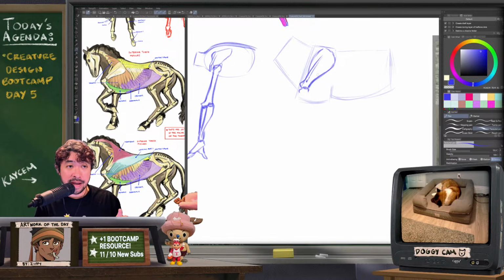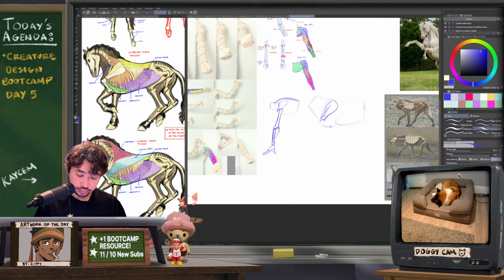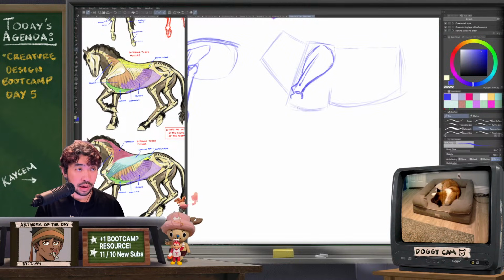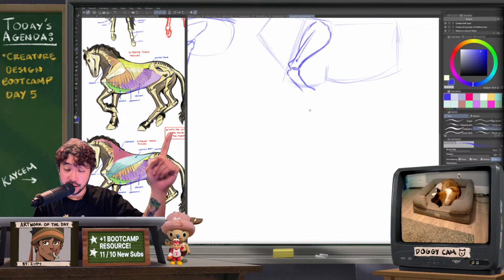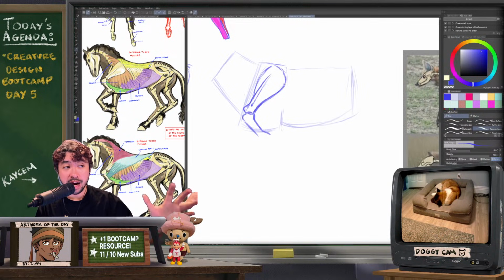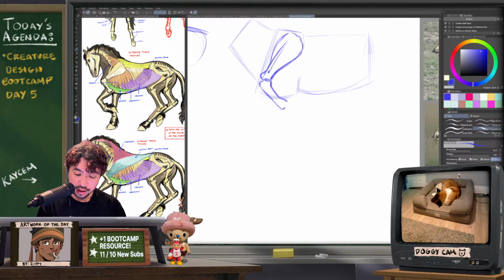One of those things is that horses don't have collarbones. You know how we talked about collarbones for humans and how that's important? Well, guess what? Horses don't have collarbones. Because they don't have a collarbone, this shoulder blade, this scapula right here, is not really connected to anything.